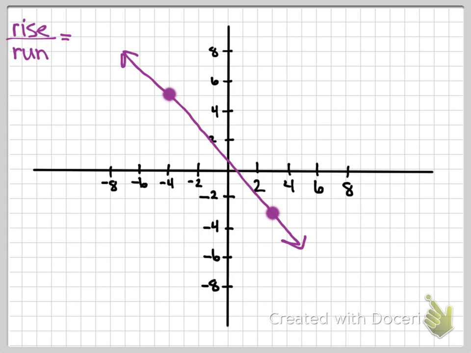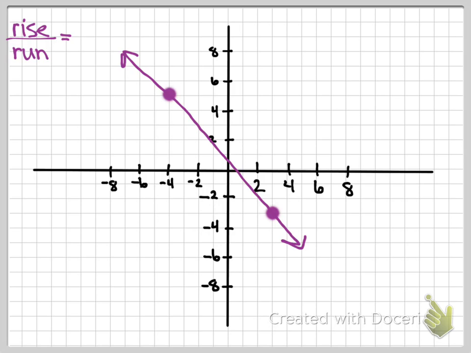I start at a 5, and then I go all the way down to a -3. So from +5 to -3, what is my change in my y? It is 8, but which way did I go? I went down, so it's a -8.